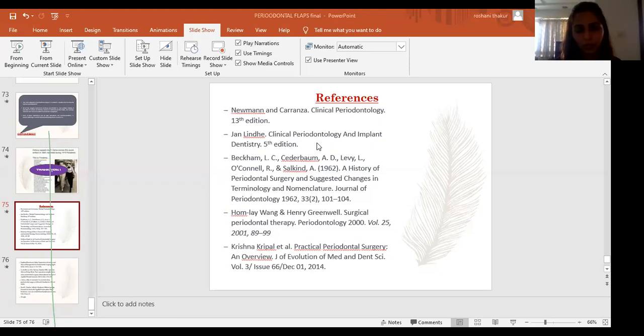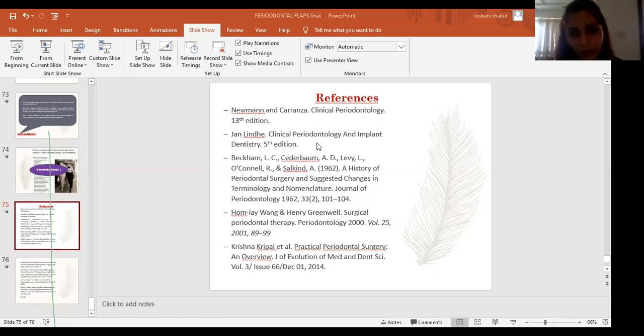Then someone has asked the difference between the beveled flap, envelope flap, and Kirkland flap. Beveled flap, you mean the one put forth by Friedman? Okay. Envelope flap is a flap that encompasses only horizontal incisions.